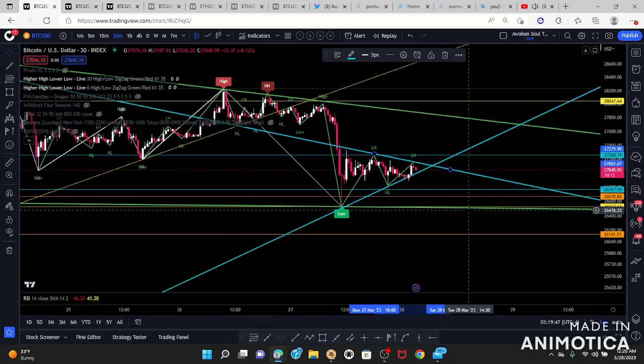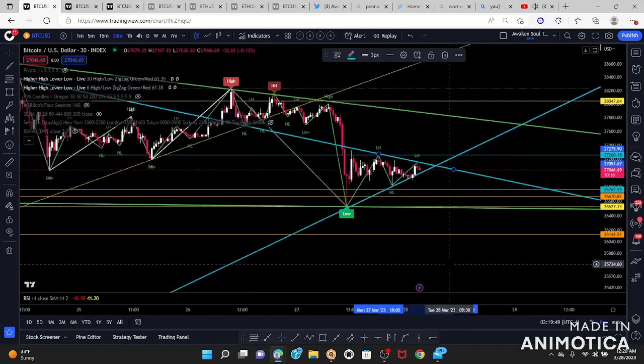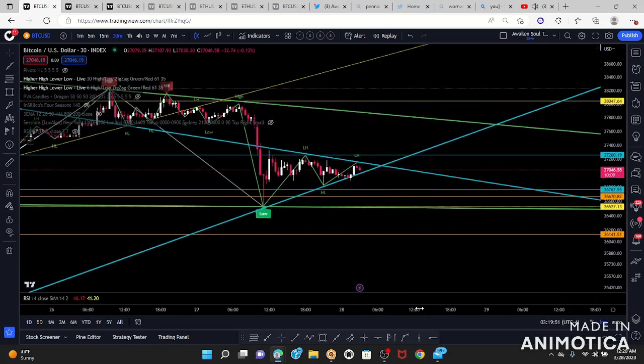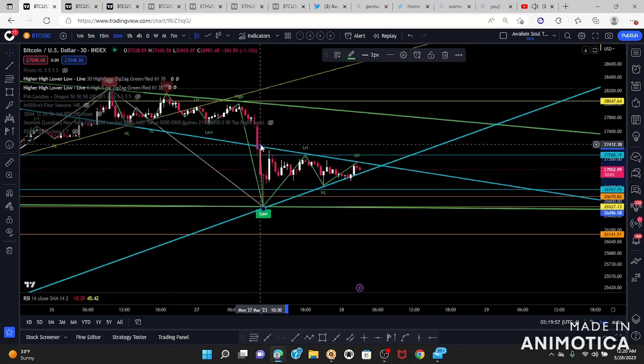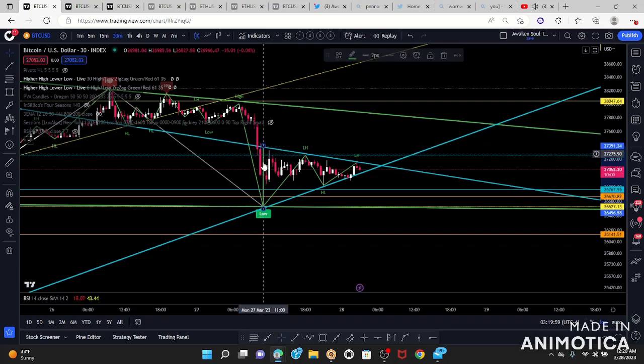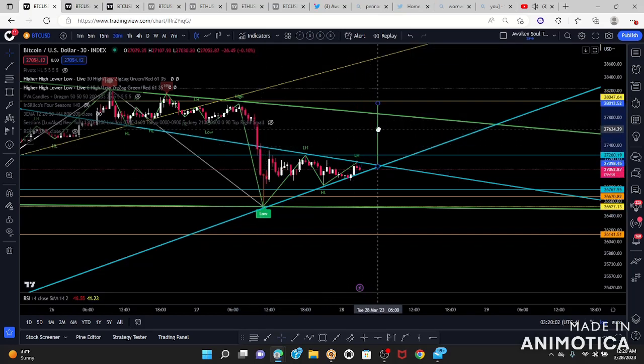So this flag is gonna break to the upside or to the downside. So how do you get the measured move? Just based on this section here.